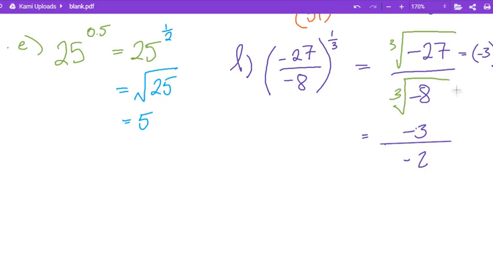Just like there might be another question where it's negative 27 cube root over cube root of positive 8, right? Then make sure that you're like, oh, I know that's negative over positive.